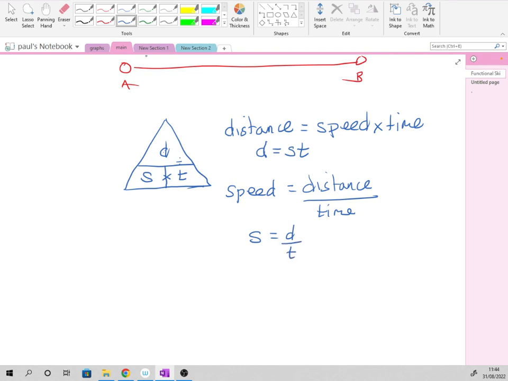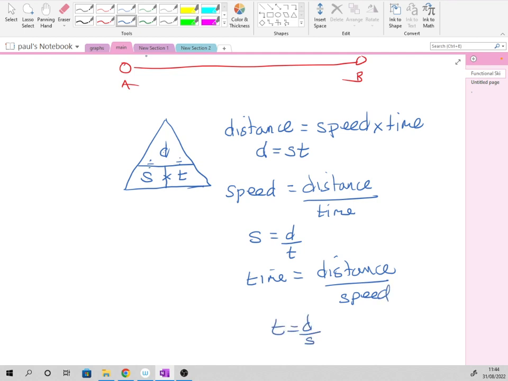And if we want to find the time, it is the distance divided by the speed. So you go up that way this time. So the time equals the distance divided by the speed. Time equals the distance divided by the speed.